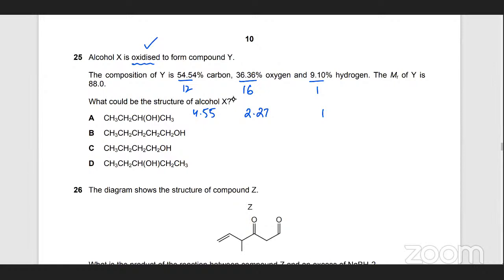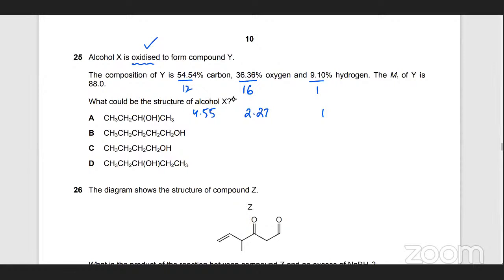So you're getting 4.55, 2.27, and anything else? Sir, again, the last one is 9.1. See, how do you convert this into a whole number?